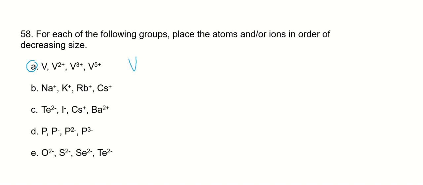So the largest here is the neutral vanadium atom, followed by the one that loses the fewest electrons, the 2 positive cation, followed by the 3 positive vanadium, and the smallest by far is going to be the 5 positive vanadium because that one's losing all the electrons in the d and s orbitals.